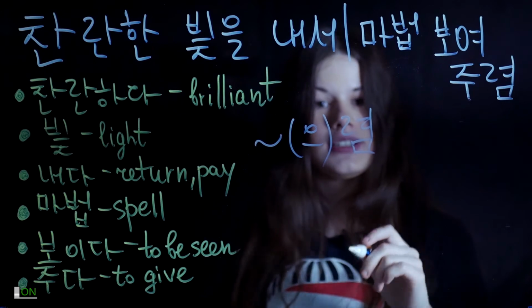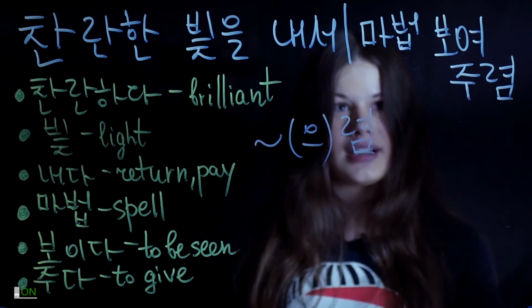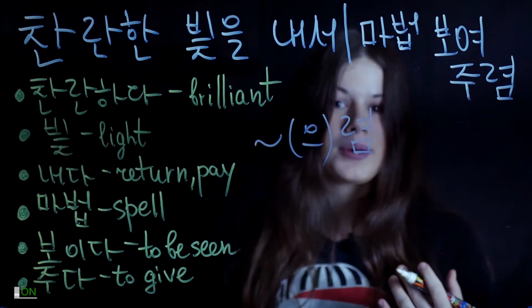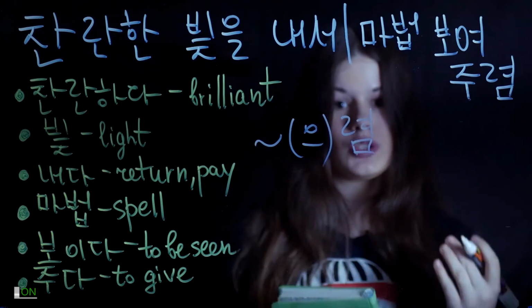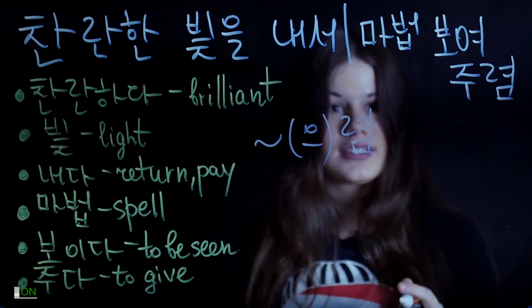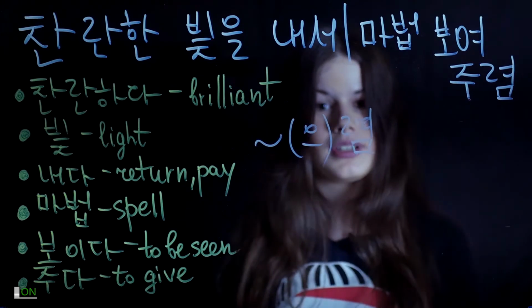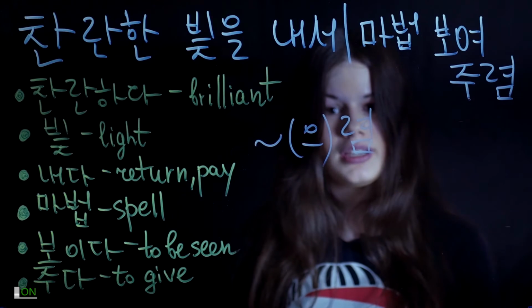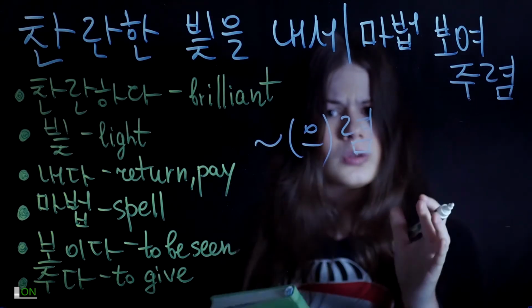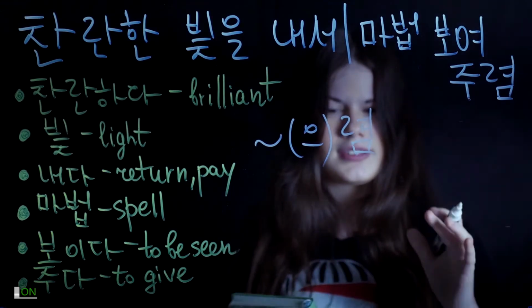So we use it when we again ask somebody to do something, like please do something. And the tricky thing is that this is used only when, for example, you are super old and you are talking to someone who is young.